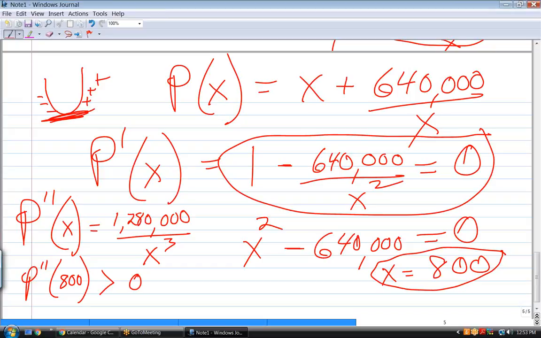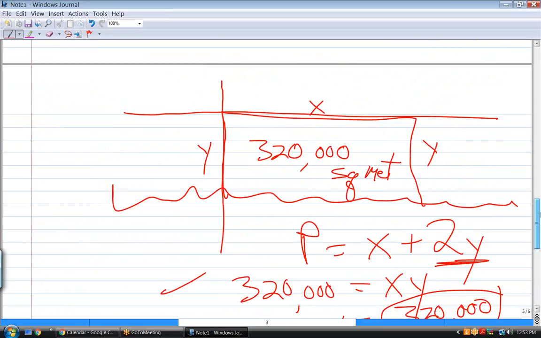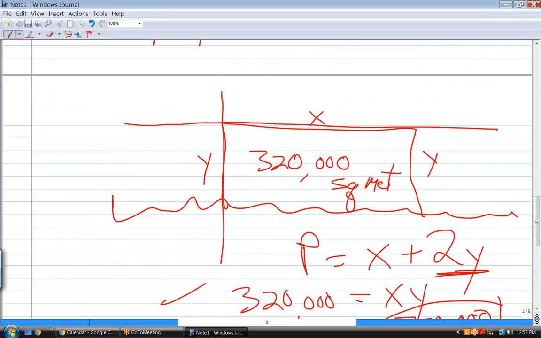Okay. That's not quite the classic. The classic problem with the corral is they give you a certain amount of feet of fencing material to work with. And the question is how do I build my corral so that I get the maximum amount of area?